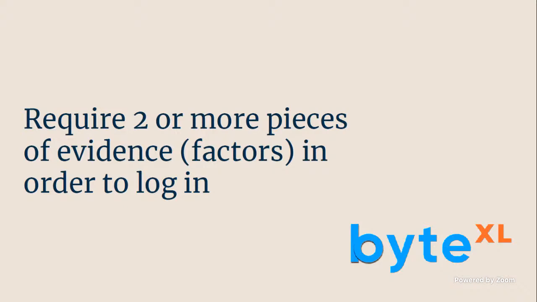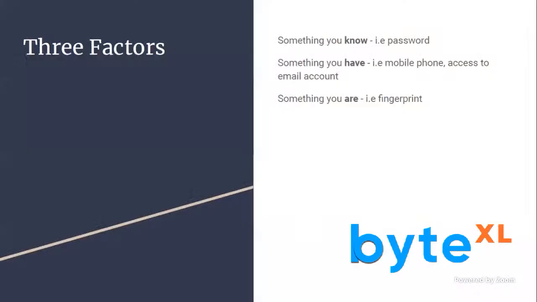So whenever you try to log in, you may get an OTP, right? Or else you may get a call, or a token to your email address. Different authentication forms can be chosen, which is called multi-factor authentication. Two or more pieces of evidence in order to log in is considered multi-factor authentication.